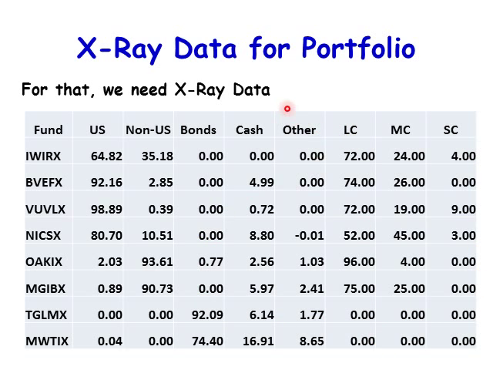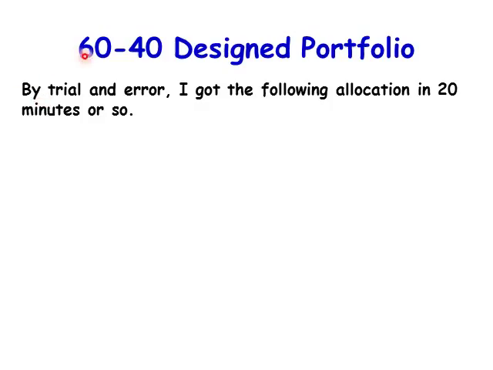We would need this X-ray data of the individual funds to properly build up our portfolio. Okay, so now we are building a designed portfolio, and by trial and error I got the following allocation in 20 minutes or so.